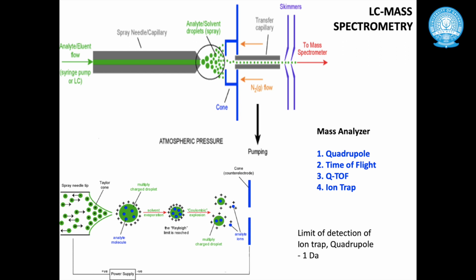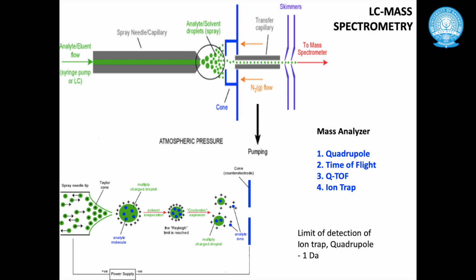So the next important component after the ionization chamber is the transfer capillary, where there is separation of the ions; only one ion is allowed to pass through at a time.